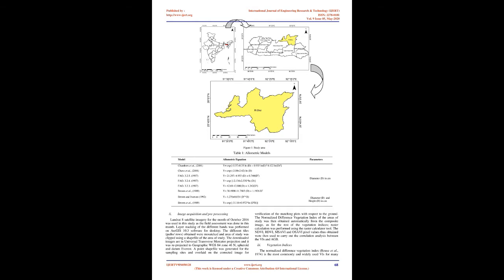NDVI, Normalized Difference Vegetation Index, RDVI, Renormalized Difference Vegetation Index, MSAVI, Modified Soil Adjusted Vegetation Index, and OSAVI, Optimized Soil Adjusted Vegetation Index. Vegetation has a high near-infrared reflectance due to the scattering of radiation by mesophyll cells of leaves and low red reflectance due to absorption by chlorophyll pigments.